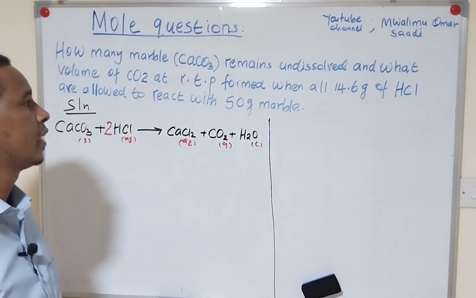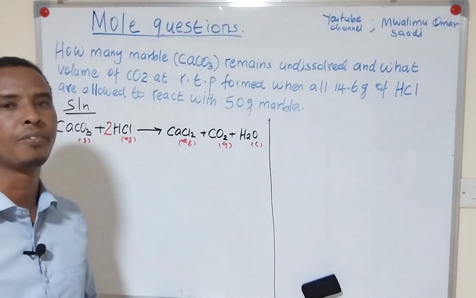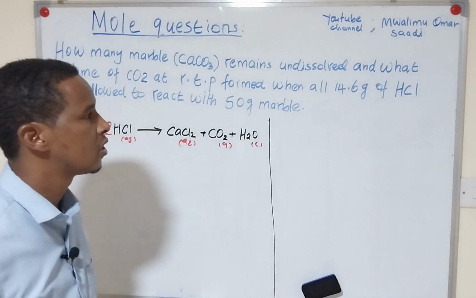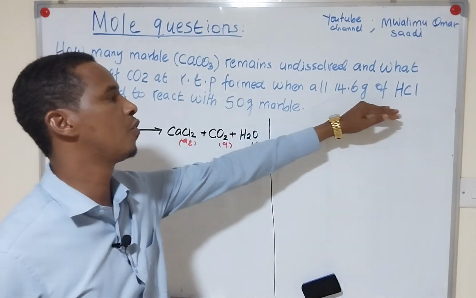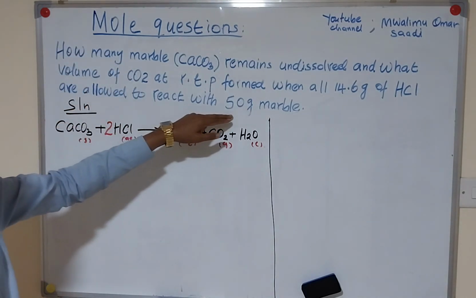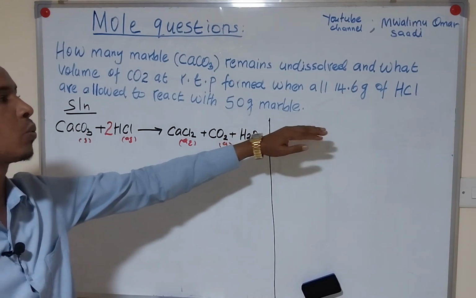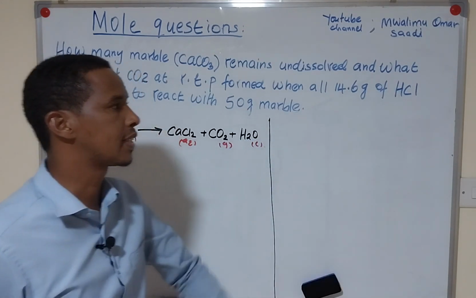Again, the second thing we do is use what we have to solve for what we don't have. We have 14.6 grams of HCl, hydrochloric acid, reacting with 50 grams of calcium carbonate. First we need the number of moles of hydrochloric acid.